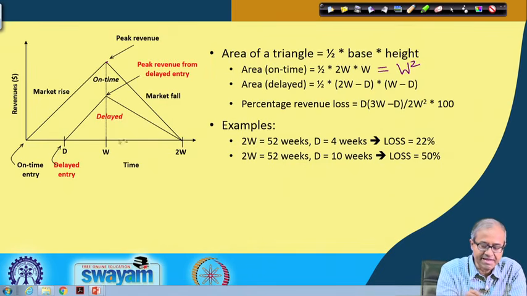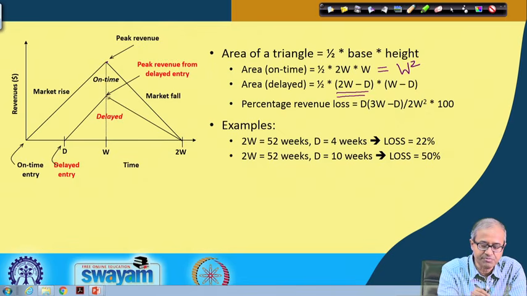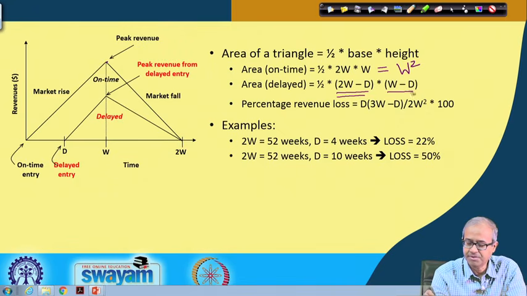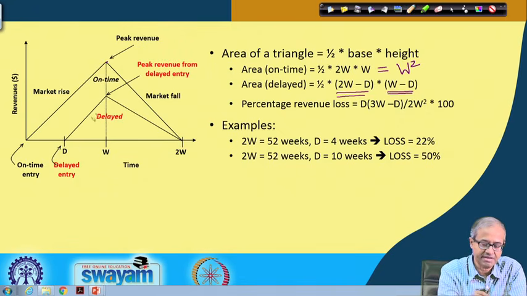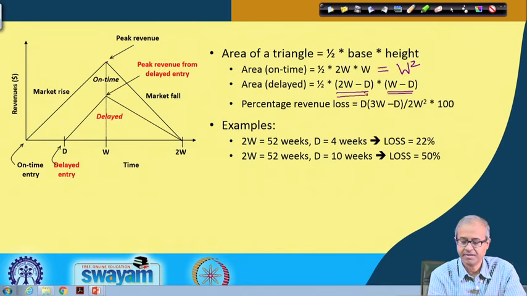Now, for the delayed case, your base becomes 2W minus D, and your height, because of this delay, becomes W minus D. So there will be a decrease by this factor.